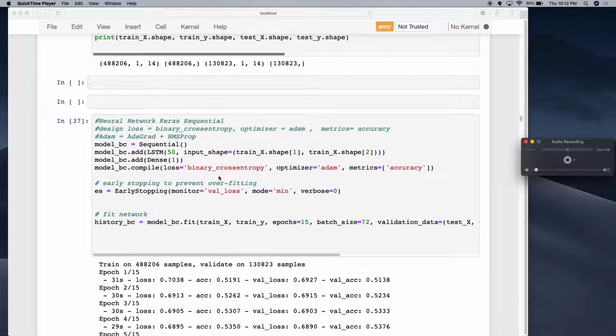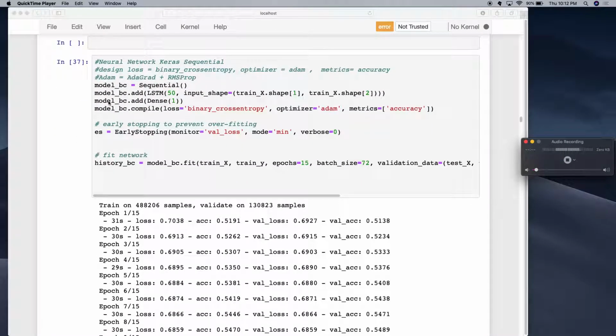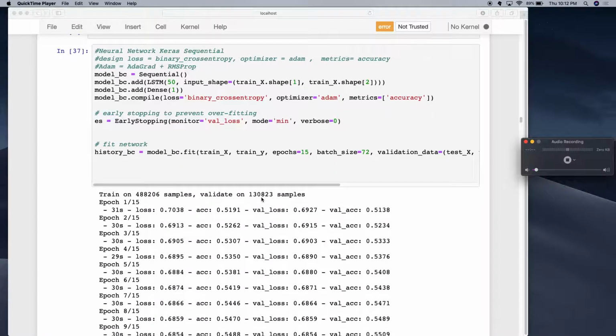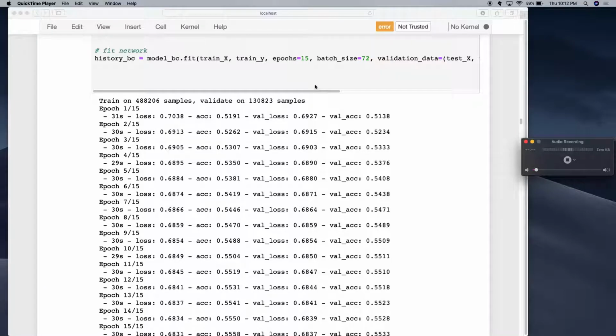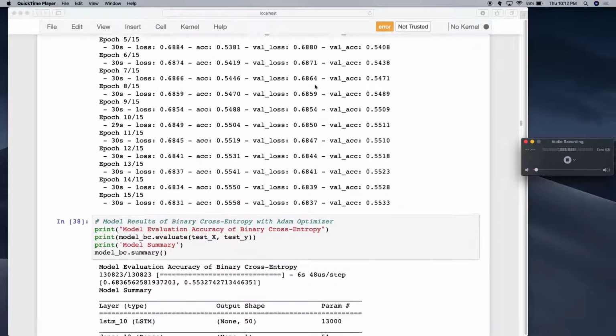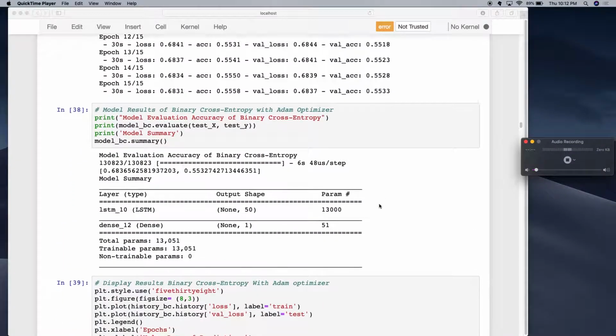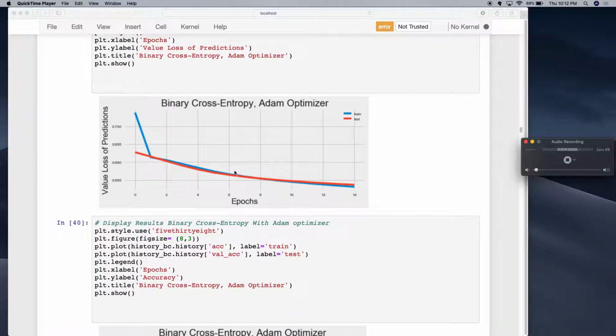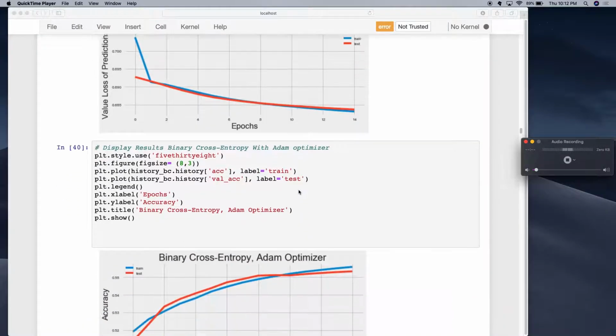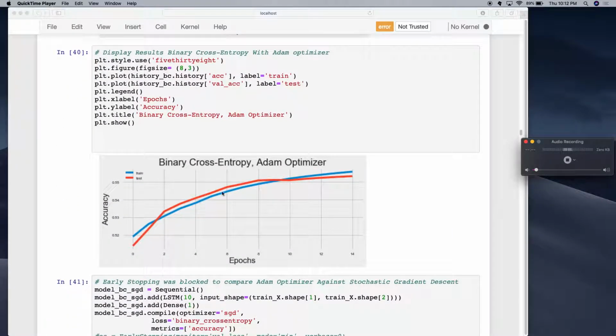I also implemented an early stopping just in case the learning stopped and the accuracy didn't improve. The first epoch I set was for 15, and the model did pretty good. Got about 55%. And as you can see, there's a nice gradual curve down in our loss, and the accuracy gently increased.